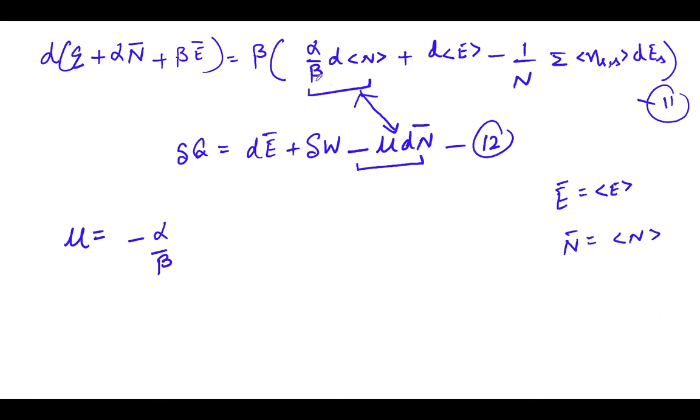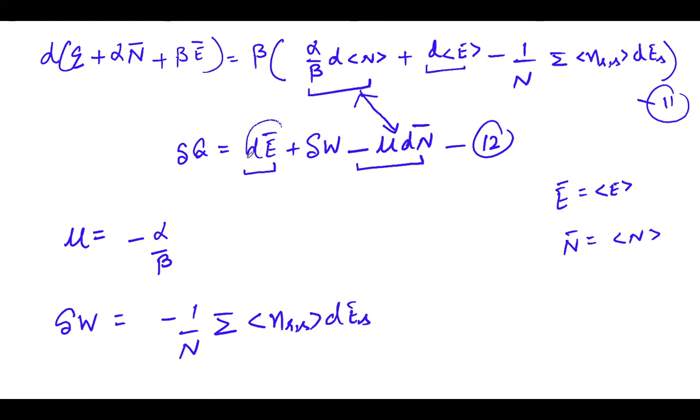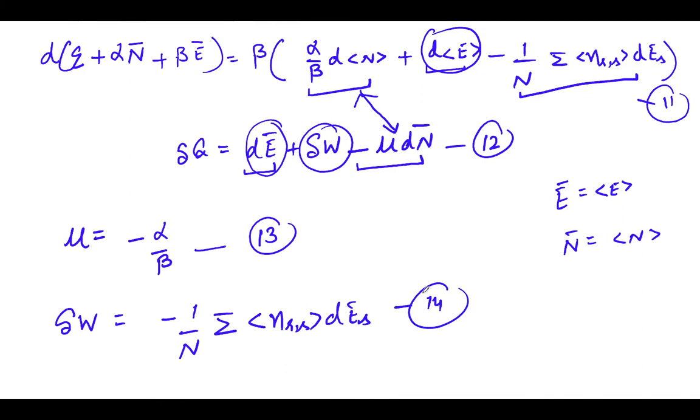So the mu is equal to minus alpha over beta. Similarly, comparing the change in work done, it is equal to minus 1 over n times the summation of nrs into d es. This is the work done: the term dE is compared with this value, and the term d omega is compared with that value. So these are the two equations. Let us say this is equation number 13 and this is equation number 14.